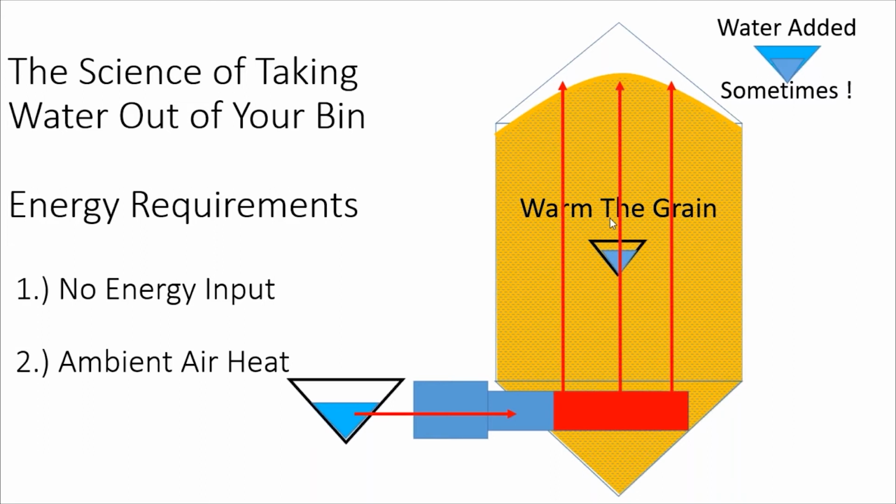But you can see by doing it with natural air, it is a huge benefit to have proper instrumentation on the bin, so you know when you're adding water to the bin and when you're actually removing water from the bin. There are a lot of complexities when you don't use supplemental heat, and it really is an inefficient way to do it unless you're very early in the season.